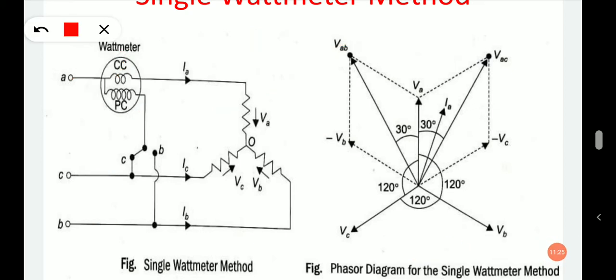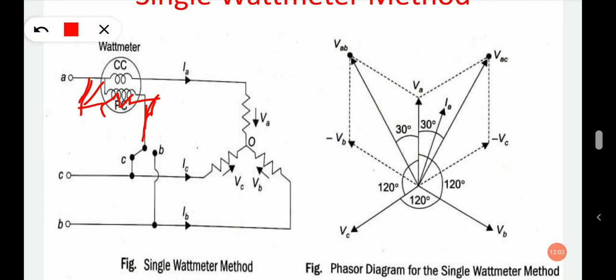And the second thing is the pressure coil, here you can see the pressure coil. One end of this pressure coil is connected to one end of the current coil. So here this is connected, and the remaining end, that is the second end of the pressure coil, we have to connect to a remaining phase.